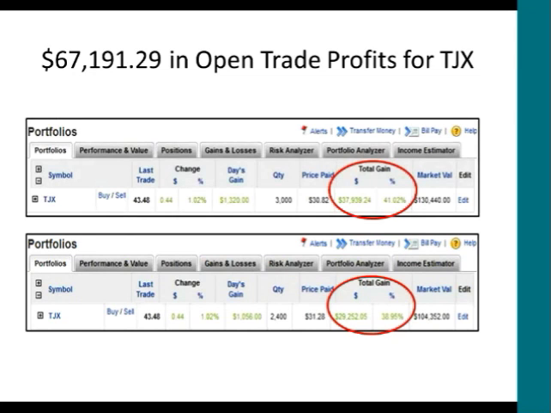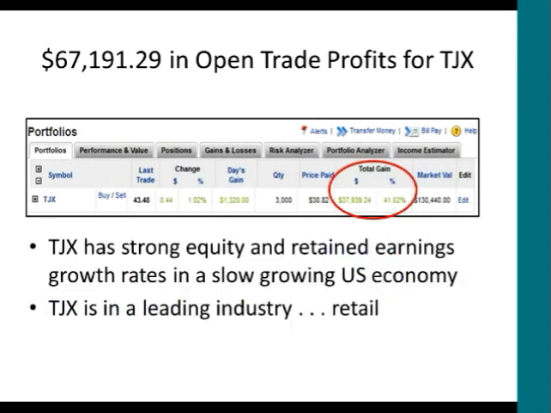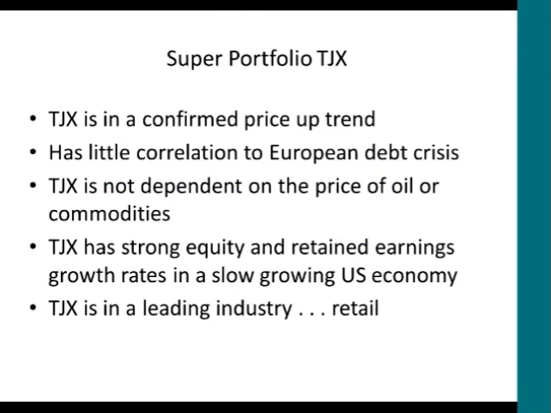And here's Chuck, not to interrupt you real quick, Chuck, but are those 5 points on that prior screen, are those the parameters that you would consider for all super portfolio stocks? And if it doesn't meet one of the criteria, do you just pass it by? Yes, this is typical of most of the super portfolio stocks. Now, there may be one criteria that it doesn't meet, but I won't eliminate a stock if it doesn't meet one of these criteria.